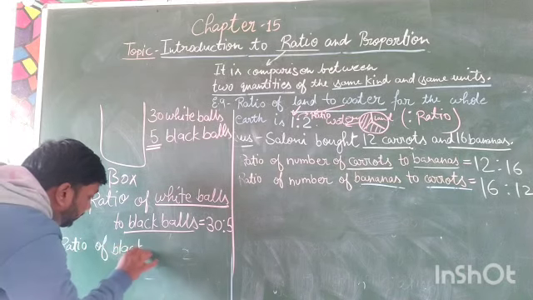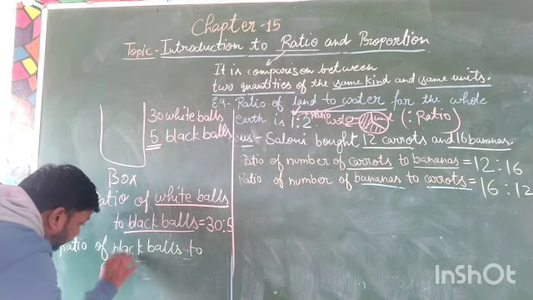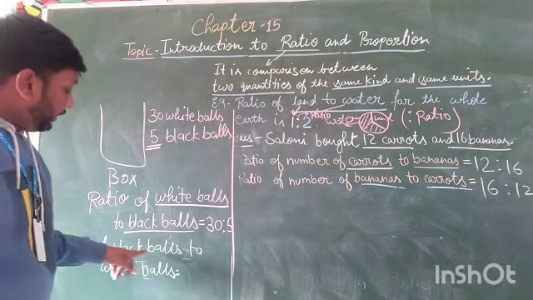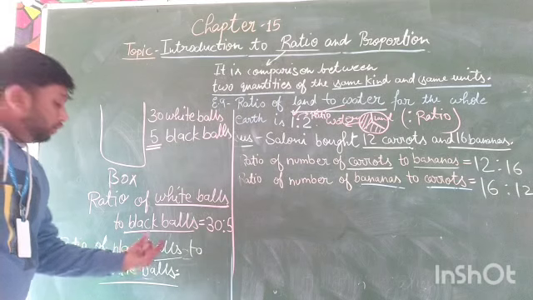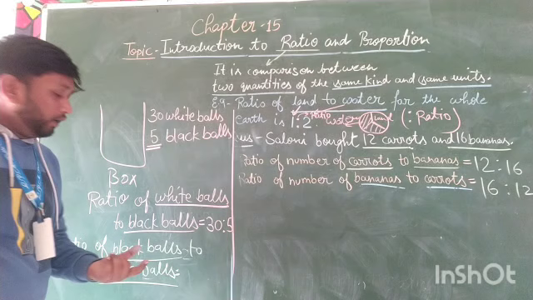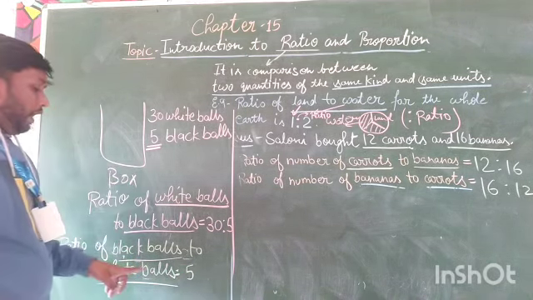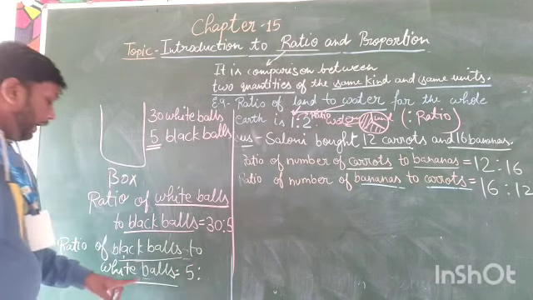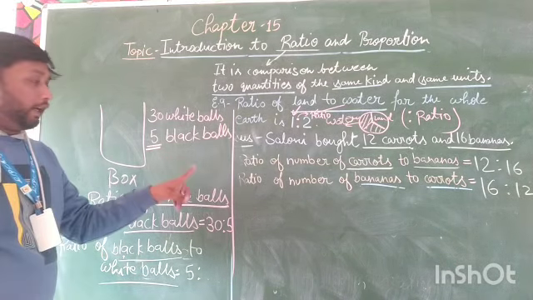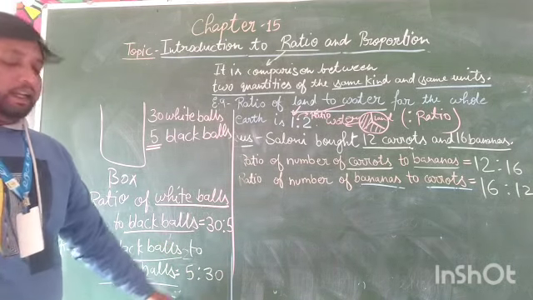If we reverse the order, the ratio of black balls to white balls, the black balls are the first term, the antecedent, and it is written first; the number of black balls is 5, so we write 5 first, then the ratio sign, and the second term, the consequent, is the number of white balls, 30.